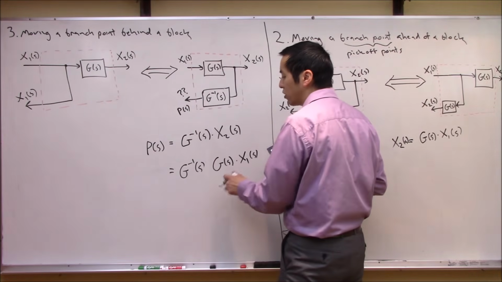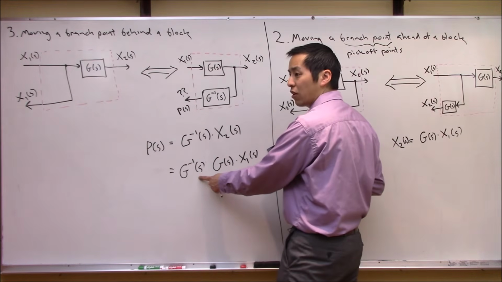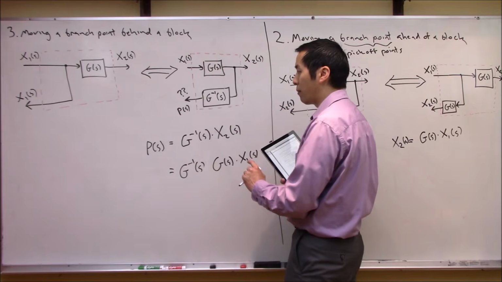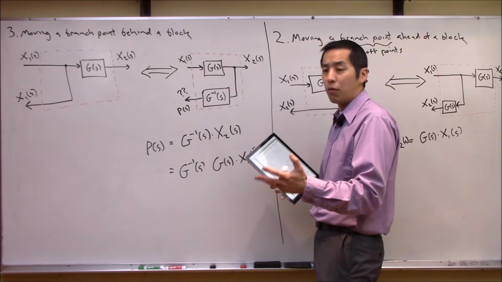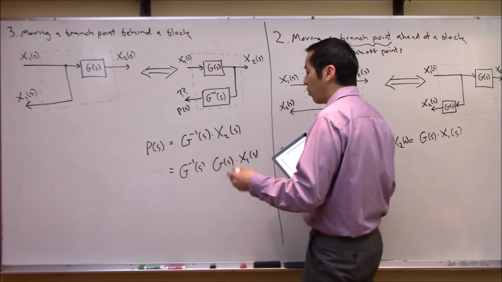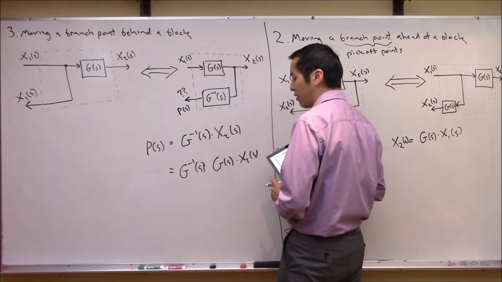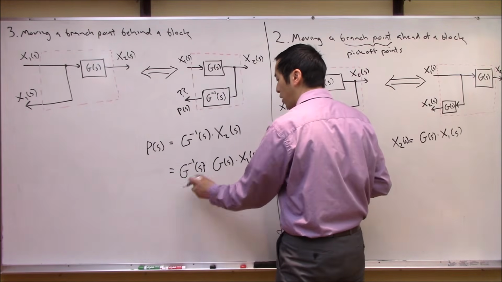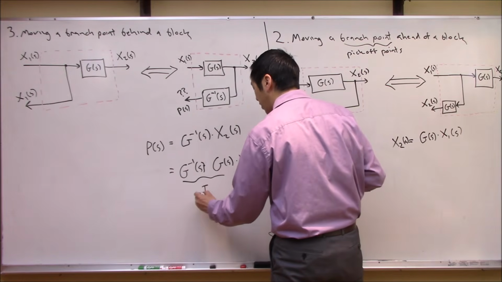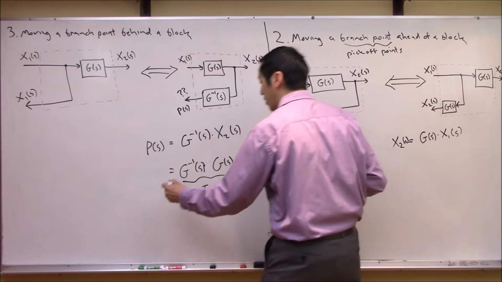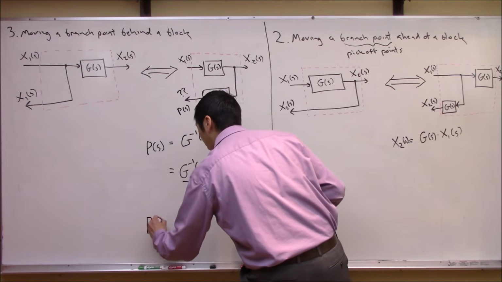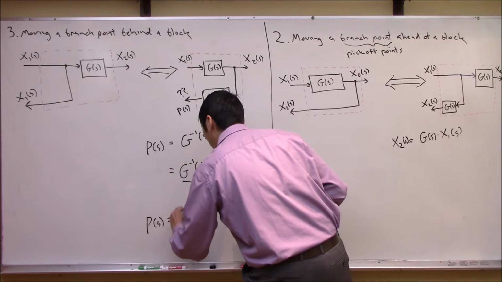So let's just assume that this inverse exists and that there is a one-to-one mapping. Again, this might not be the case for a multi-input, multi-output system. So if it does exist, then this just evaluates to an identity, or a 1 in the scalar case, and we end up seeing that this P of s signal is actually x1 of s.